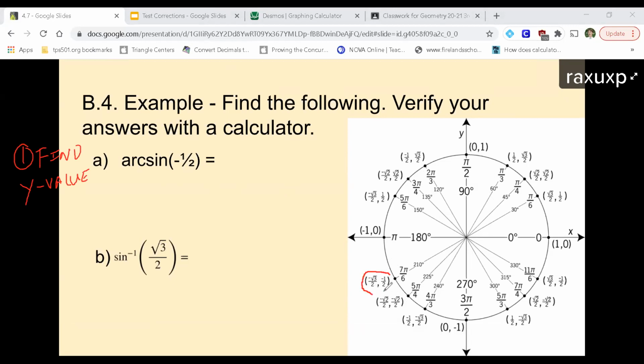Here and here. So that's going to give me the answers 7 pi over 6 or 11 pi over 6. Those are the angles that produce a y value of negative 1/2.